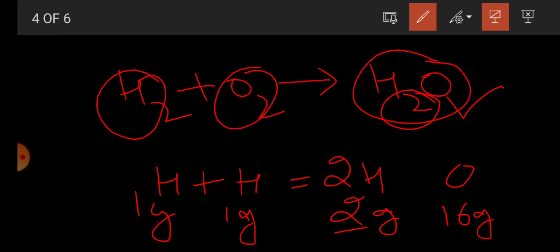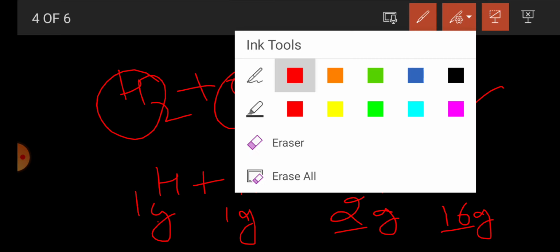So what should be the ratio between 2 and 16? We have to convert it into a simple ratio. We have two hydrogens and the weight of the two hydrogens is 2. We have one oxygen in the water, so the weight of the oxygen is 16.